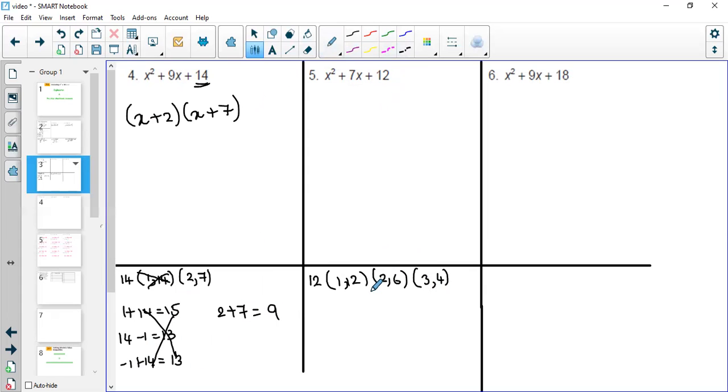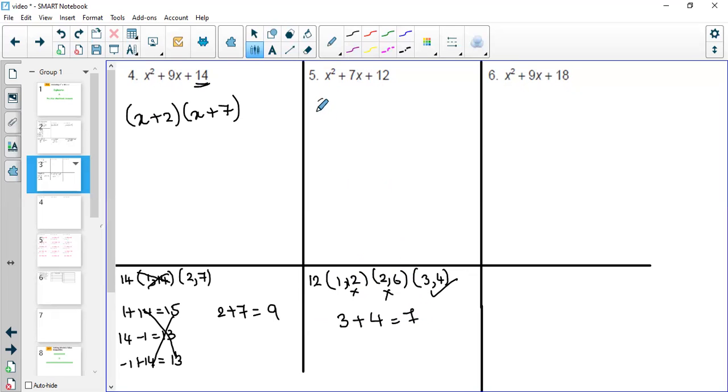You could simply look at it and guess which pair of factors is going to give you a 7. Not 1 and 12 definitely, because 1 plus 12 is 13, 12 minus 1 is 11. Now 2 plus 6 is 8. 6 minus 2 is 4, but we need a positive 7. So which means it's going to be this pair of factors. How? Because when we add 3 plus 4, that's going to give us a 7.